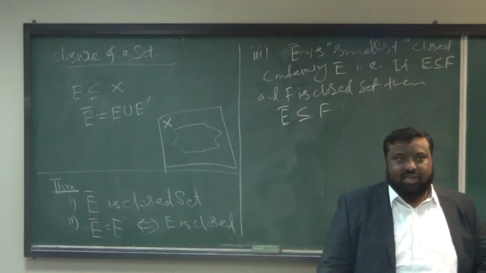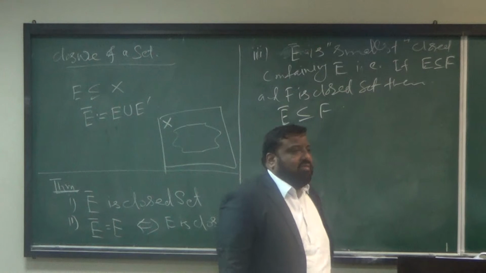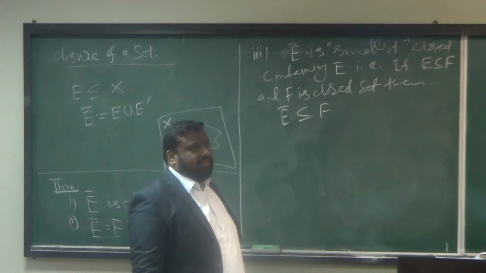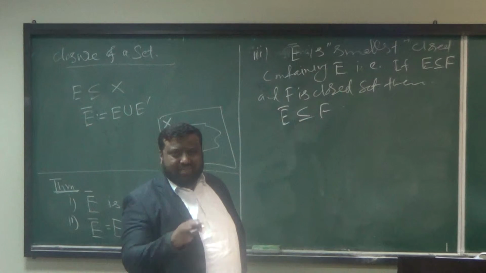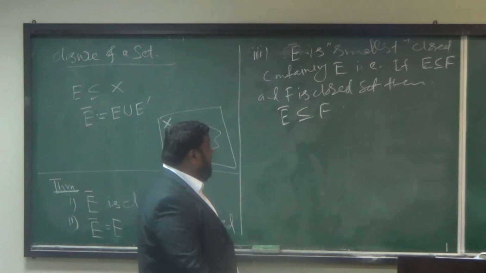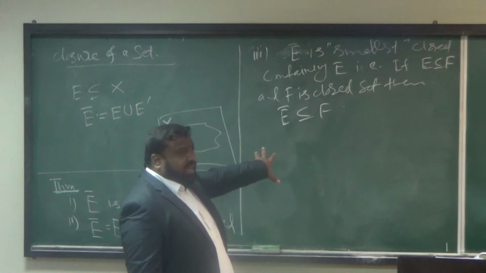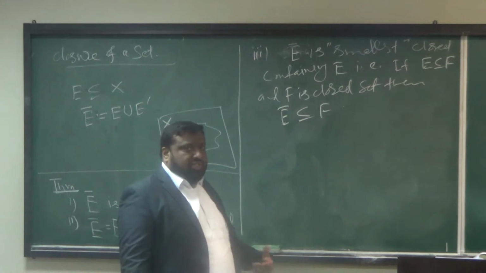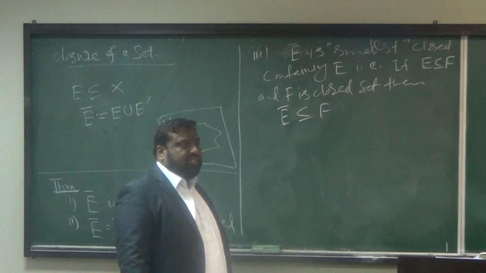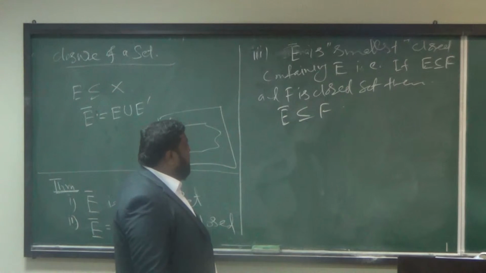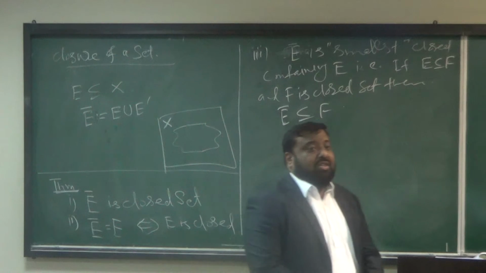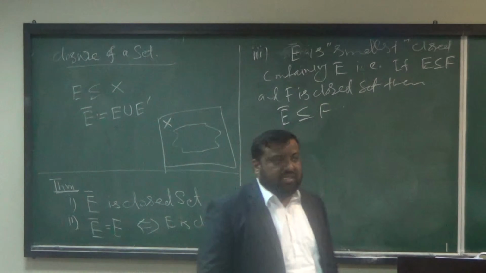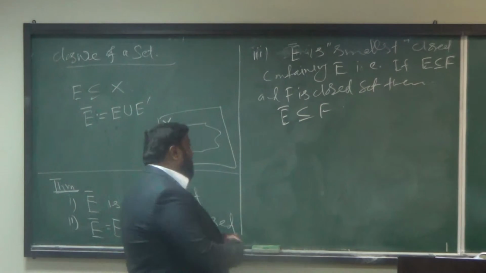It's not obviously the same, but there is some analogy. You can see at least that there is similarity in the way we have defined it. So if there is a closed set F which contains E, then the closure of E must be included in F, because the closure of E is the smallest closed set containing E. And this is going to show basically that.